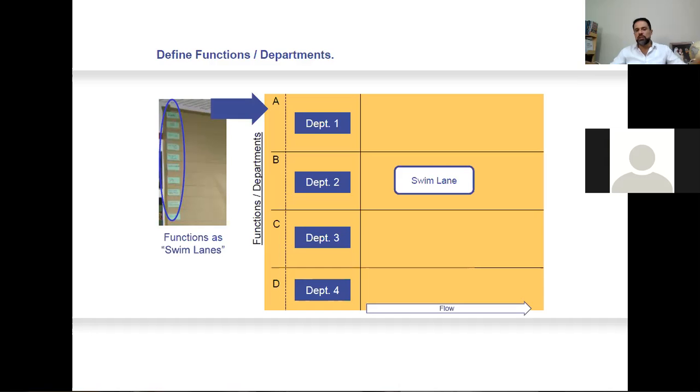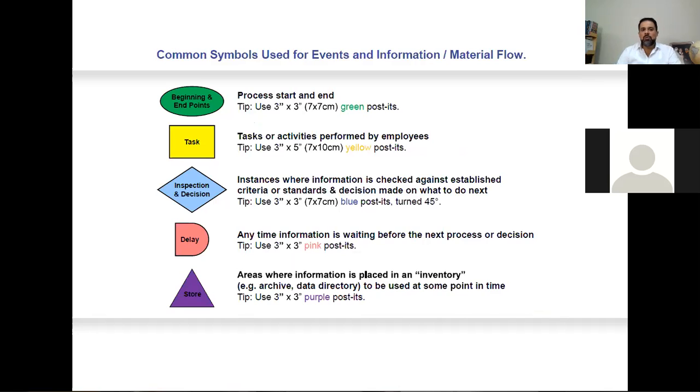Each department should have a swim lane as stated here. Now, these are the common symbols used for the events and the information and material flow: the beginning and the ending point, the task, the inspection and the decision, the delay and the store.